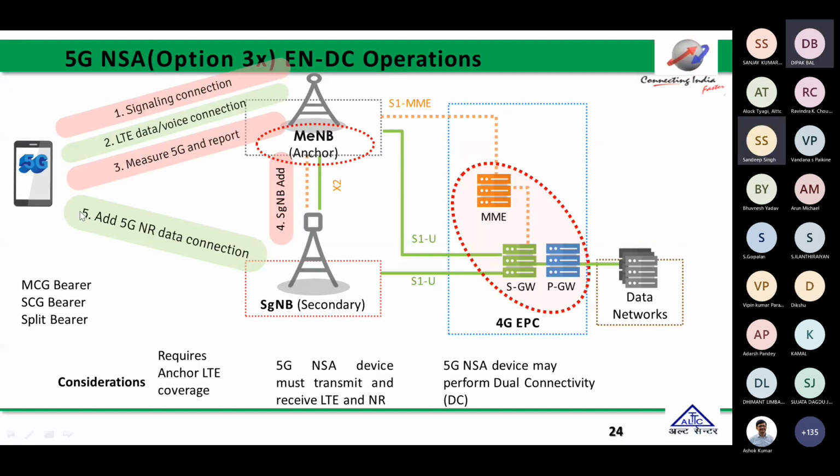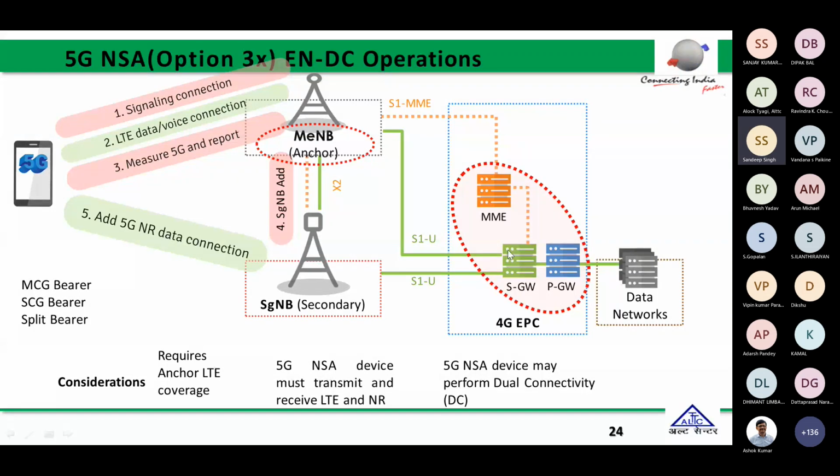In the NSA mode there is an EPS bearer. Everything is the same in LTE 4G and 5G NSA. The EPS bearer is the connection between the UE and the data network, and it is also known as the EPS bearer in 5G NSA.